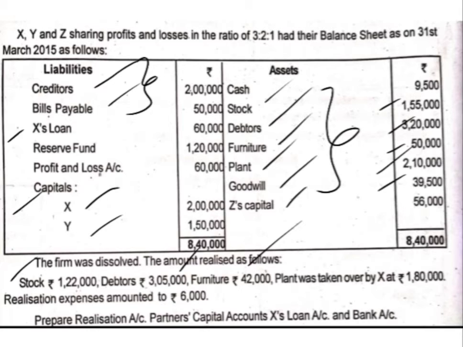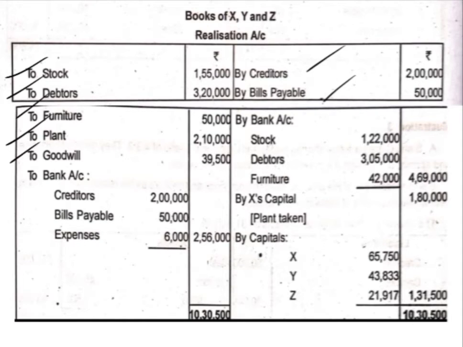What is the entry you have to make? Cash account debit to realization account. So in the realization account, you write by cash or bank account. Below that, you write down the assets realized along with the realized amount: stock 1,22,000, debtors 3,05,000, furniture 42,000. So the total amount realized was 4,69,000.